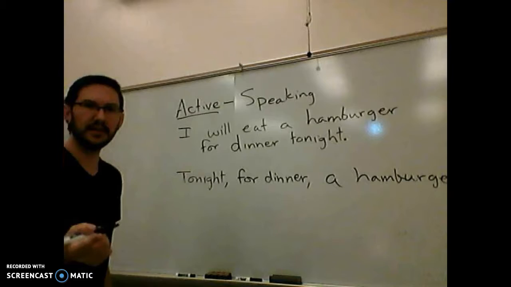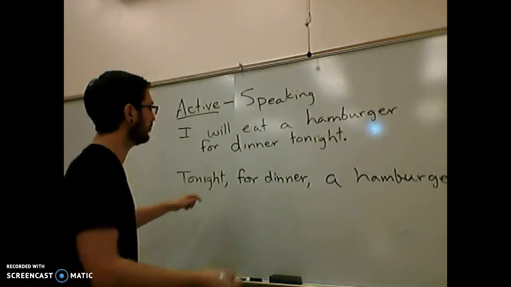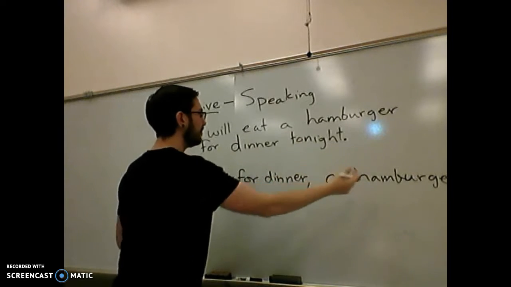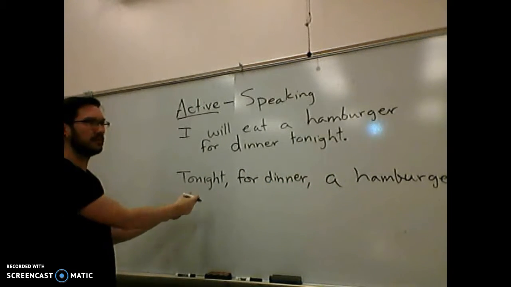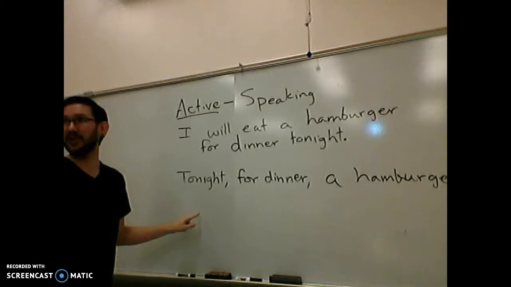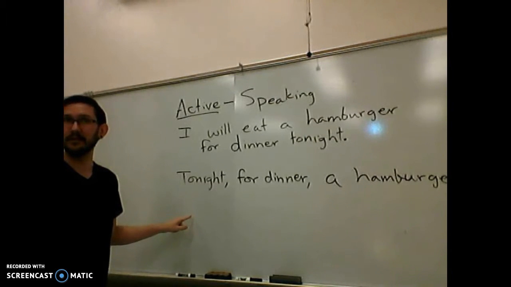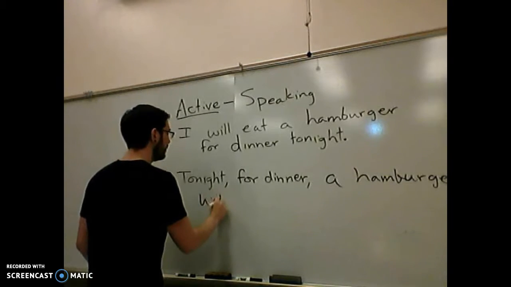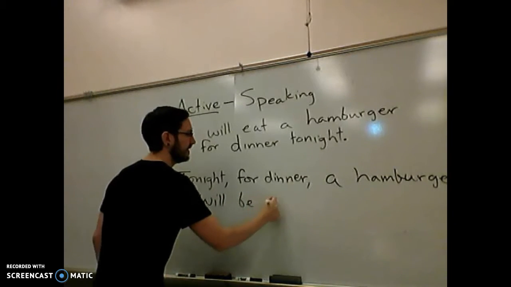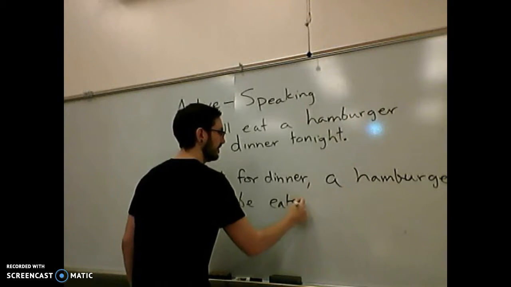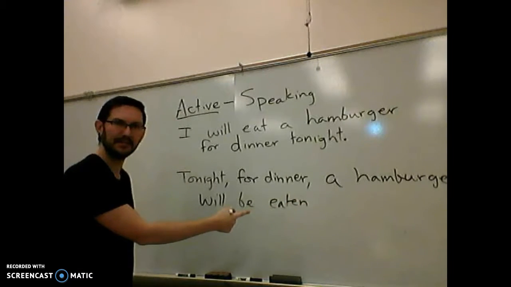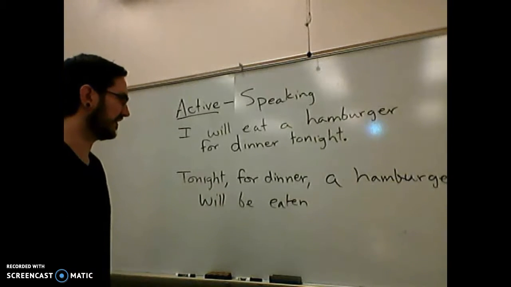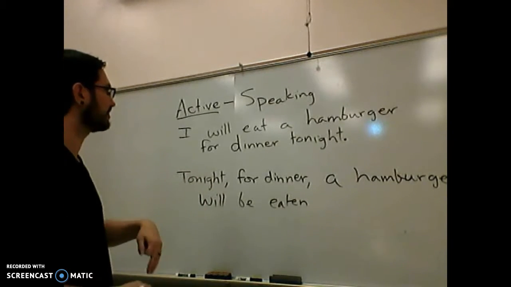And now we're at a somewhat tricky phrase. So we're at, I will eat a hamburger, but we're saying tonight for dinner, a hamburger will be ate. Close, not quite there. Will be eaten. That's right. So, will be eaten. We'll double check the spelling on that later. Will be eaten.